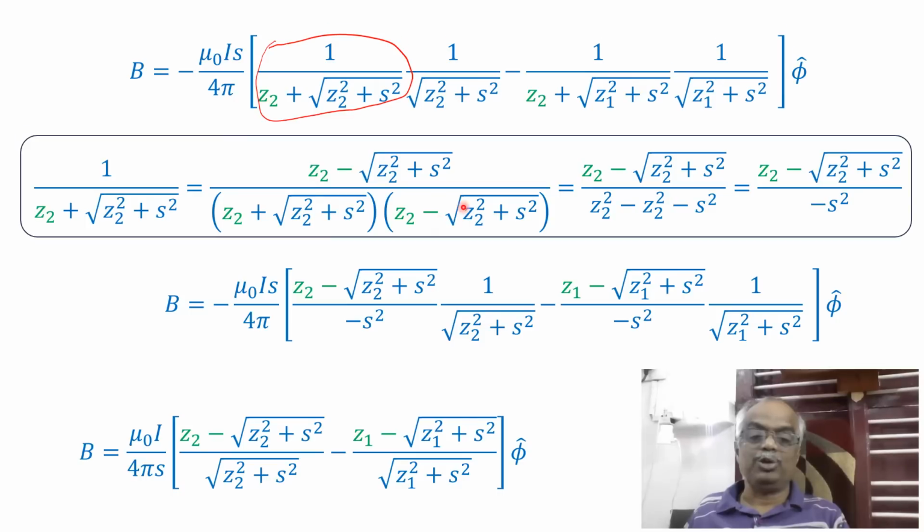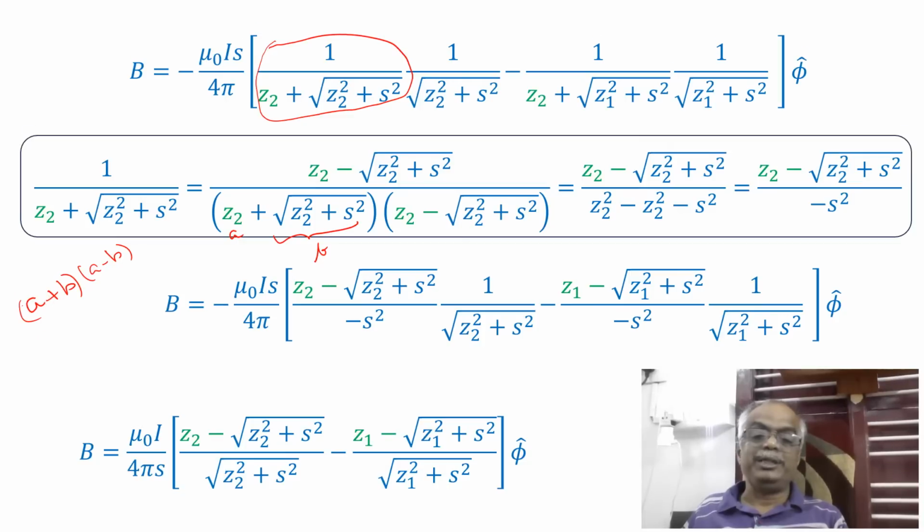As I discussed in problem 2.25, it is a plus b into a minus b. Let us say this z2 is a, this square root term is b, then this is a plus b, this is a minus b.